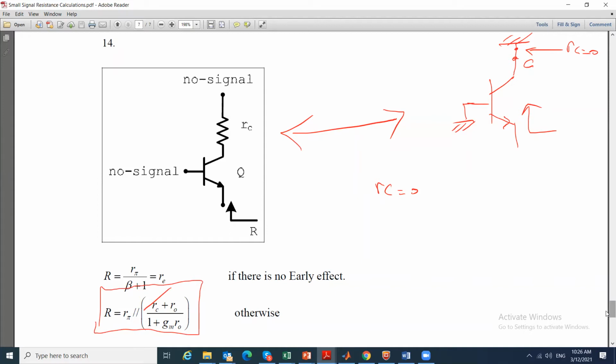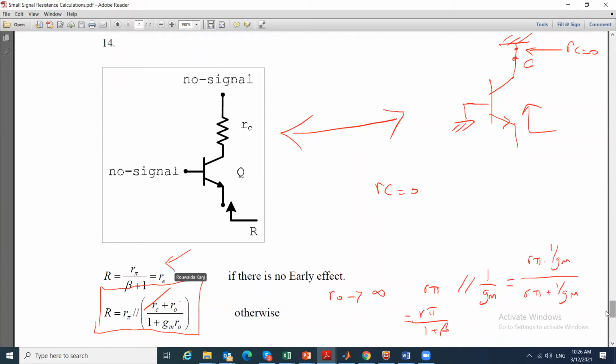Now when RO tends to infinity, the equation becomes R pi parallel to RO over 1 plus gm RO, which becomes 1 over gm, and this becomes R pi times 1 over gm over R pi plus 1 over gm. In this scenario, multiplying gm up and down, it becomes R pi over 1 plus beta, the equation that we see above.